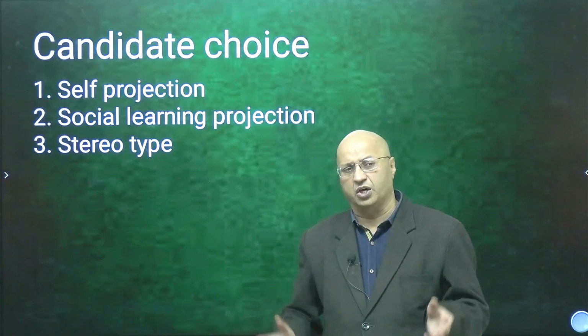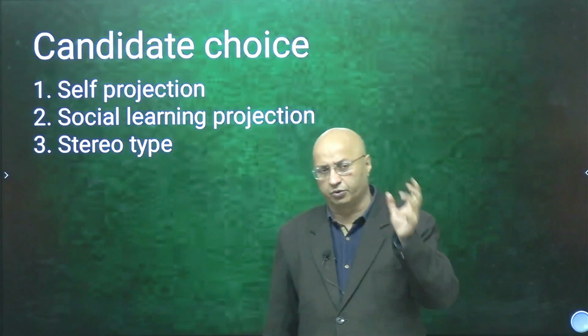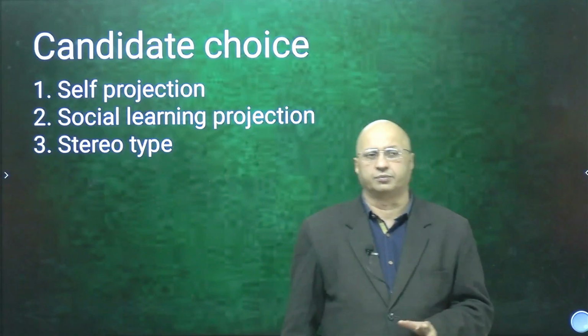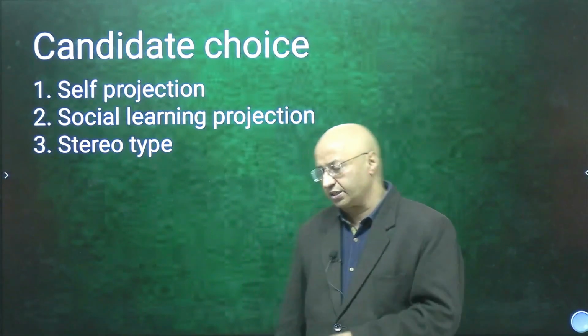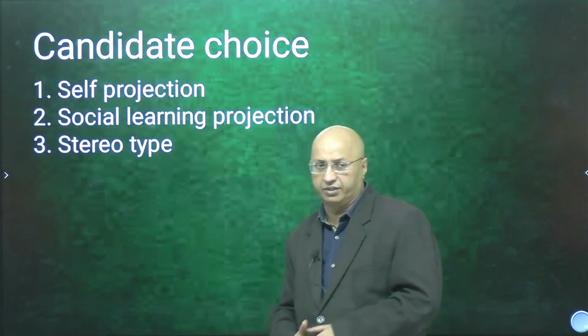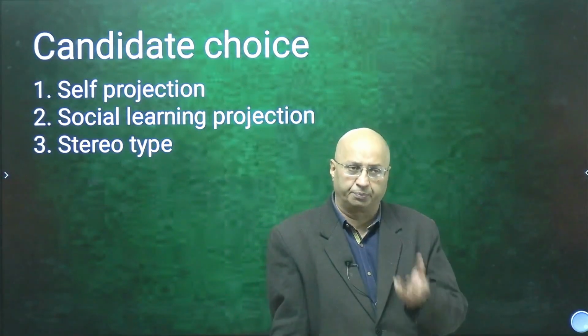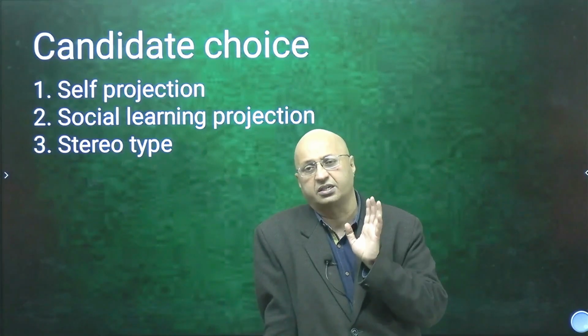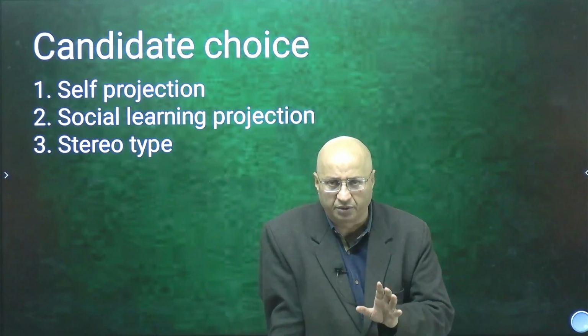Even if you are writing of a hospital and you are writing of your own city, if you are coming from Delhi and you are visualizing your Delhi circumstances and writing a story there, that can be self-projection. Similarly, if you are writing a social learning where you have seen a good example and you appreciate that action of the person, that will also be taken as a good psychological attitude. Is it clear to all of you?